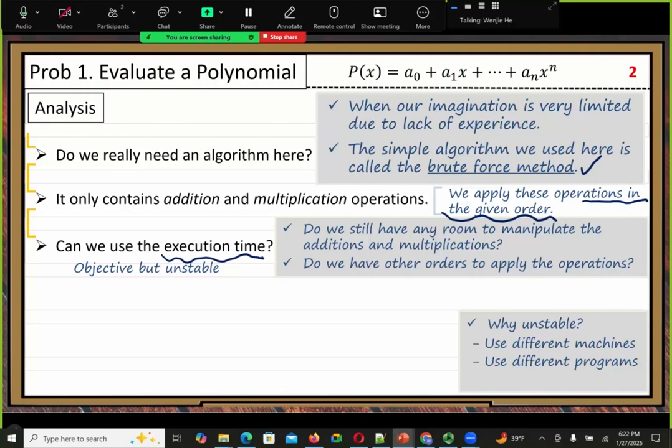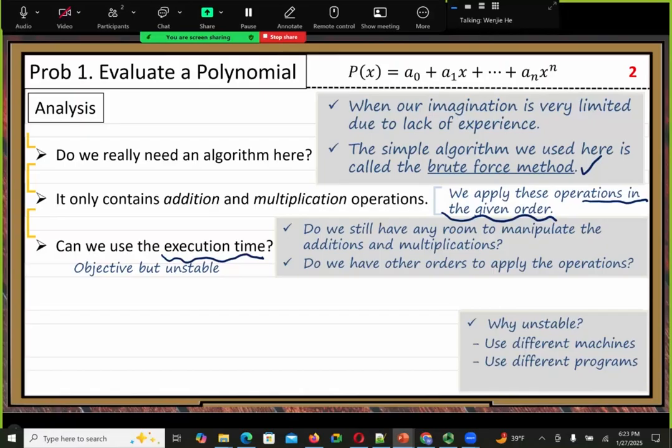So even from the software point of view, it's not stable. That means we cannot use execution time to measure efficiency. Not a good one, not a stable one.